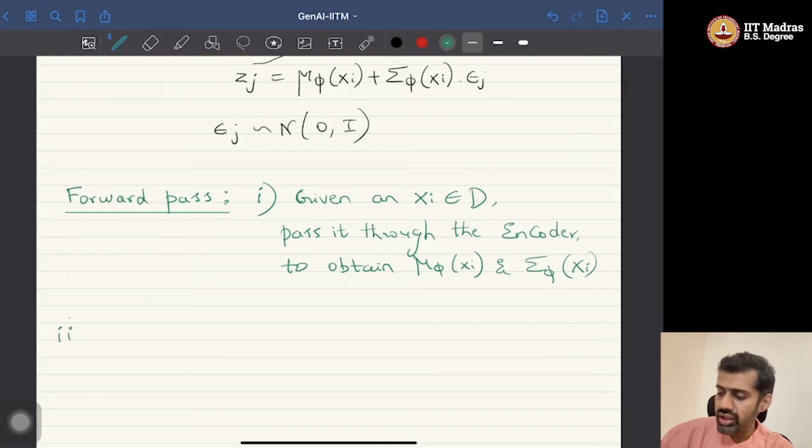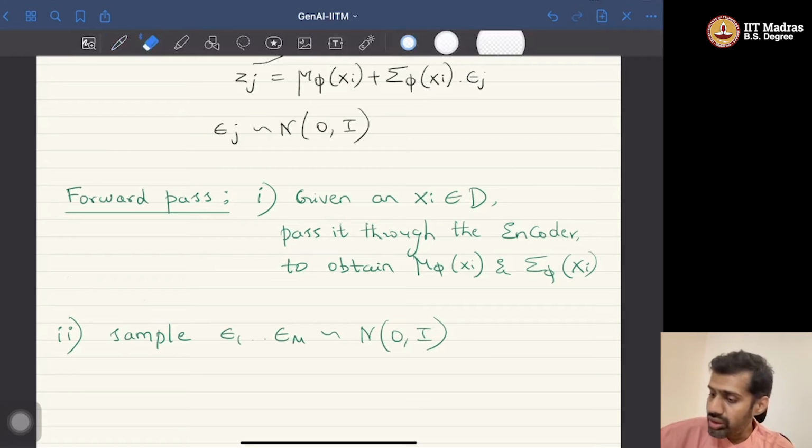Once you get this, one needs to sample epsilon 1 through epsilon m from normal 0 1. This is the auxiliary random variable. This sampling happens outside the neural networks.